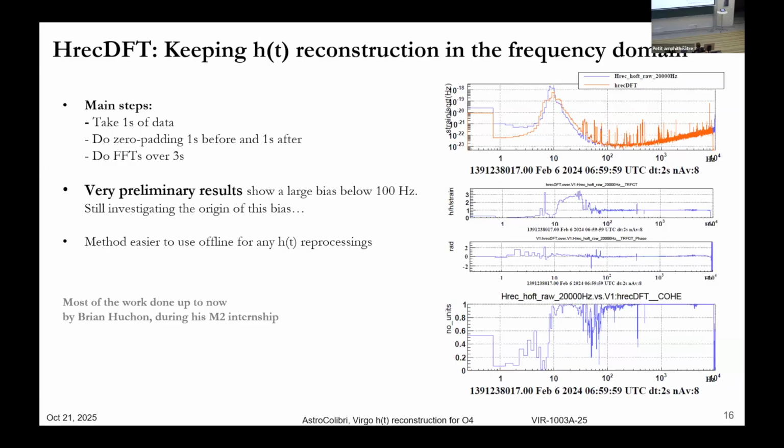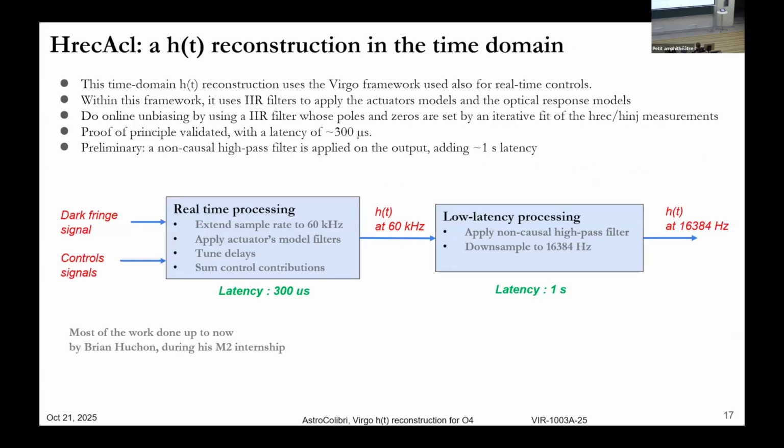Just to add that most of the work on this has been done by Brian Huchon during his master internship. And the second option was also tested; this is also Brian Huchon's work.